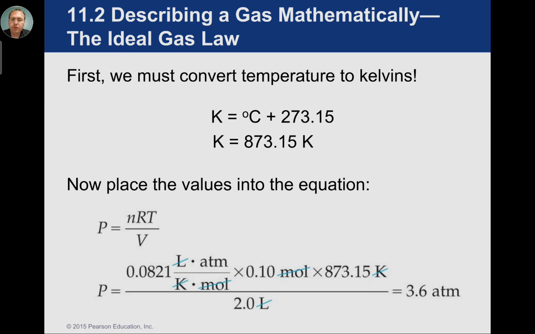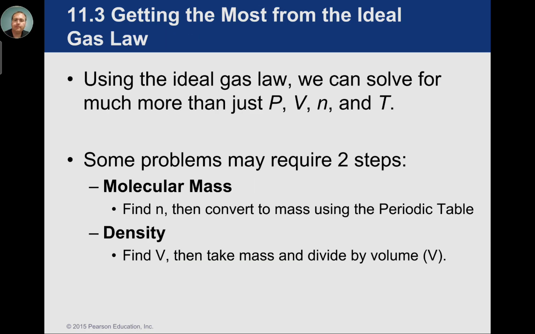So you'll see quite a few of those problems in the homework, and I think one of those makes it to the final exam. Specifically one that solves for n, not P. We can have some spin-offs of these kinds of problems, and that's what you're going to see in the homework, but not so much on the final exam. Molecular mass is finding n first.